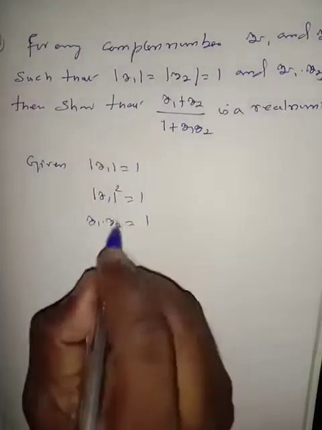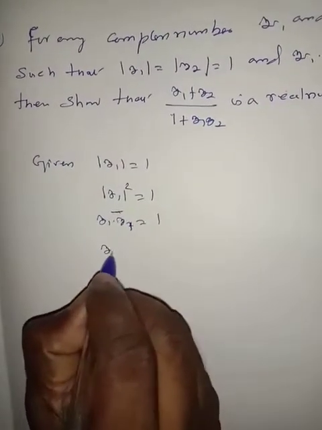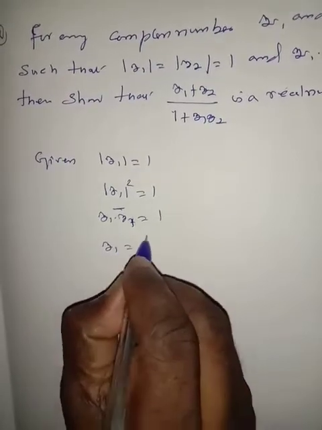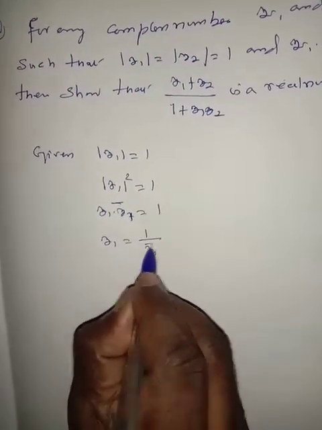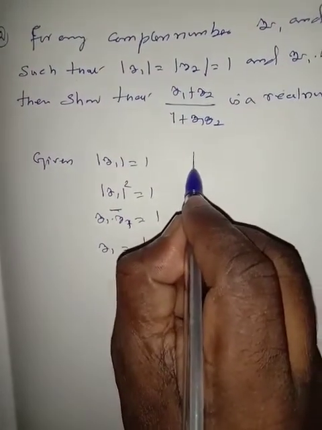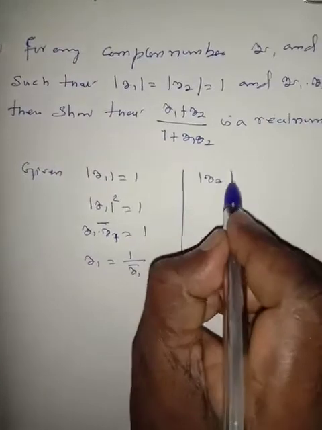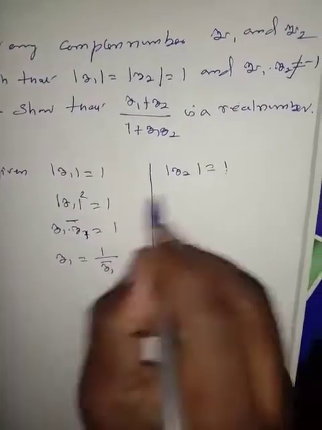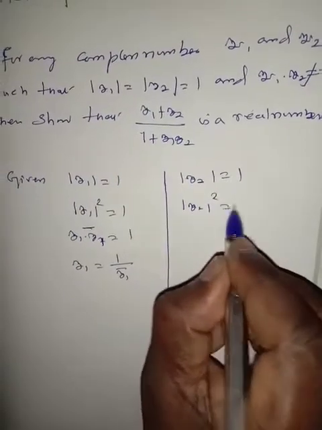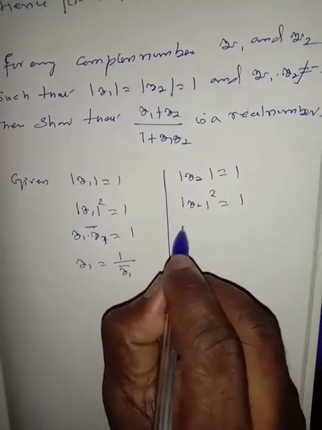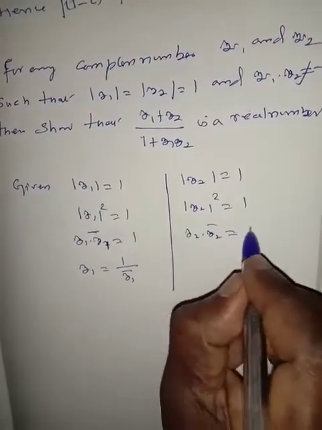Mod Z1 whole square means Z1 dot Z1 bar is equal to 1. Now Z1 is equal to 1 divided by Z1 bar. The same way, mod Z2 is equal to 1 is given. Squaring on both sides, mod Z2 whole square is equal to 1. Mod Z2 whole square means Z2 into Z2 bar is equal to 1.